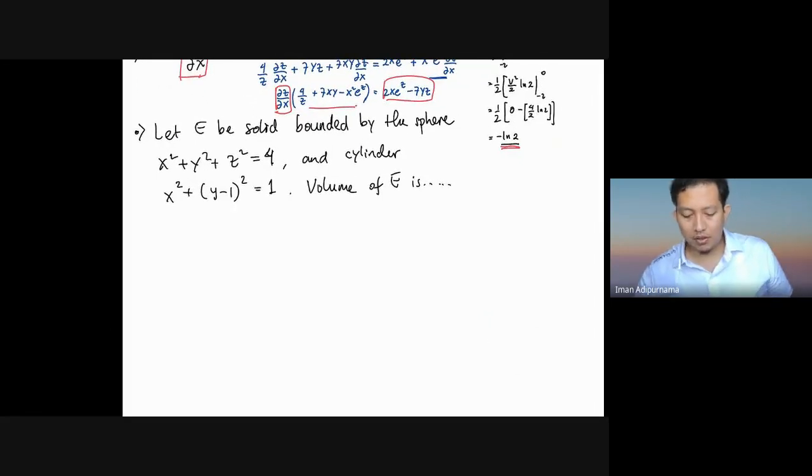Let E be a solid, bounded by the sphere x squared plus y squared plus z squared equal 4, and also bounded by the cylinder.